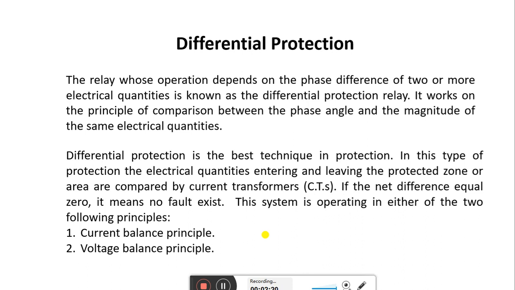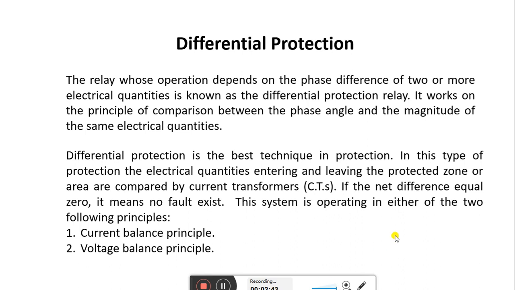But if there is a fault, then there will be a difference between the current entering and the current leaving the protected zone, and this difference of current will flow to the relay and the relay will operate. That is how the fundamental principle of differential protection operates.